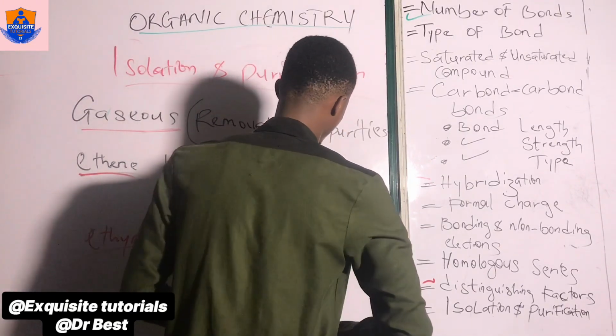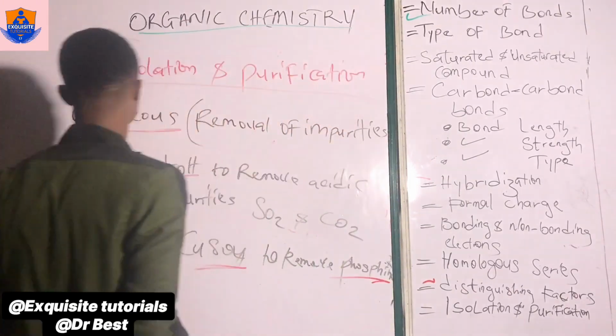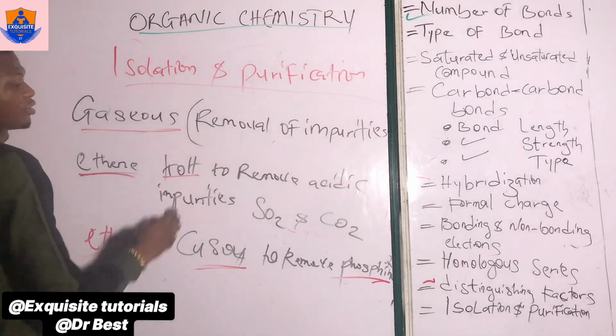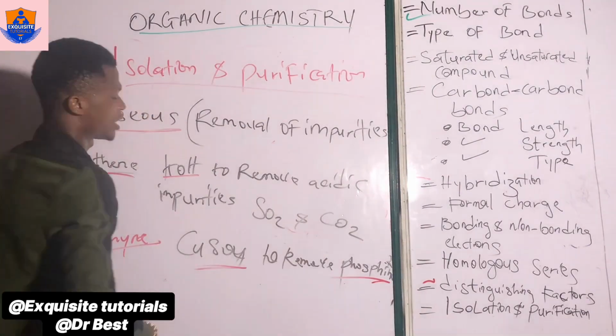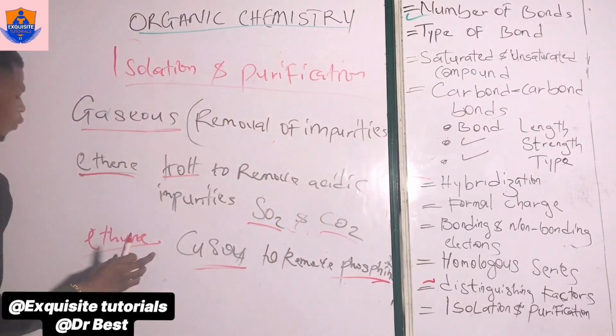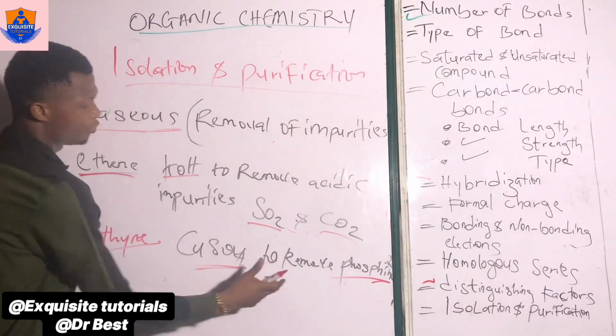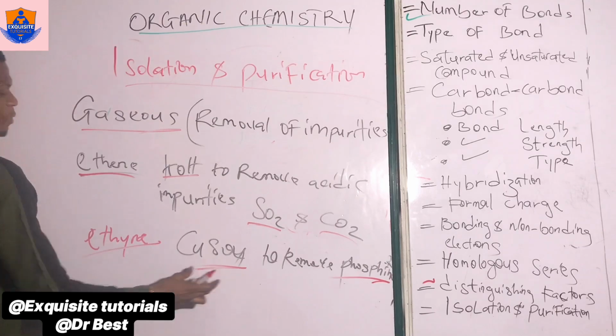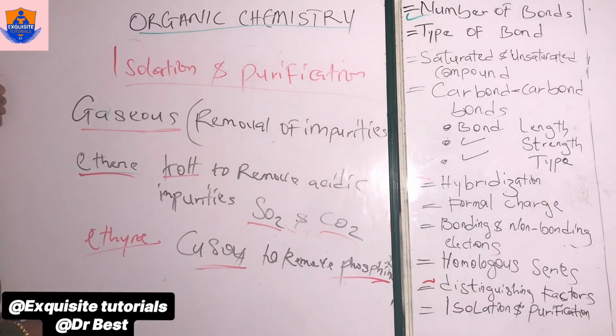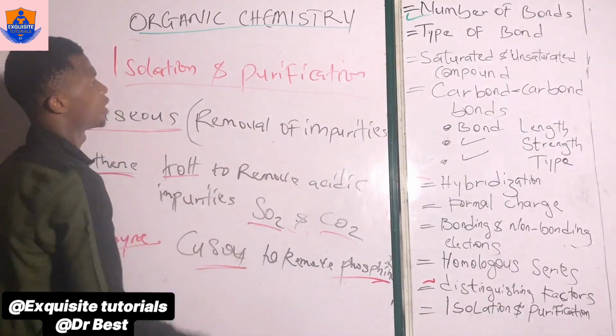So take note of this, that in the purification of ethene, you pass it through potassium hydroxide to remove acidic impurities, which are SO2, CO2, while for ethyne, you remove phosphine impurities by passing it through CuSO4. That is for gaseous organic compounds.